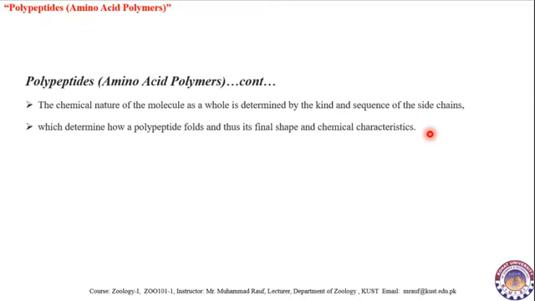In the tertiary structure of proteins, we will discuss different types of interactions where the R groups are involved. There are covalent interactions, ionic interactions, disulfide bridges, van der Waals forces, hydrophobic interactions.